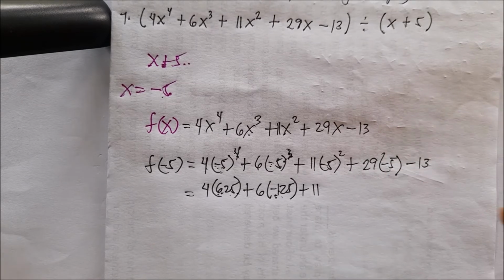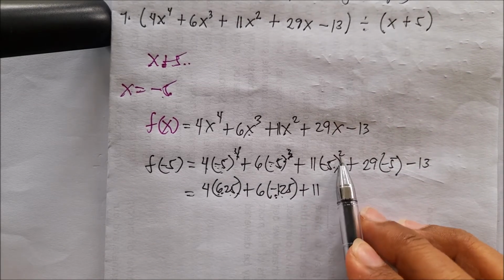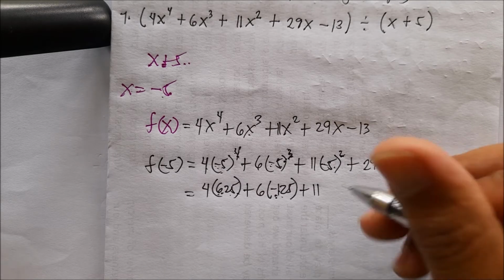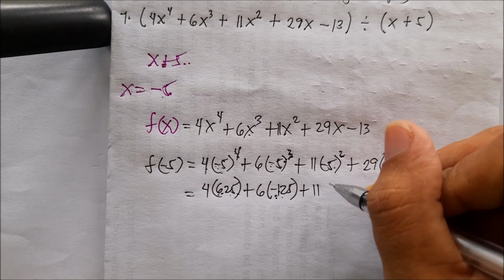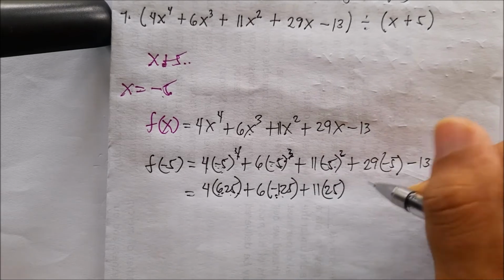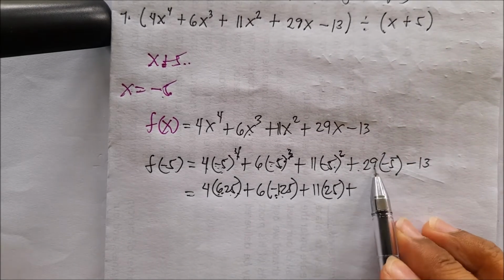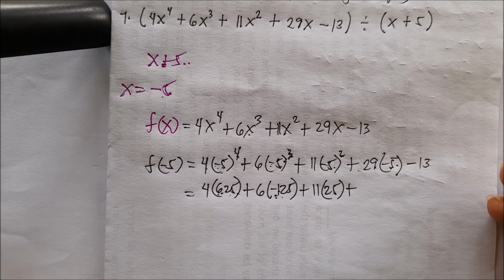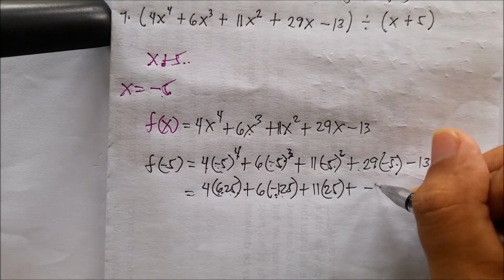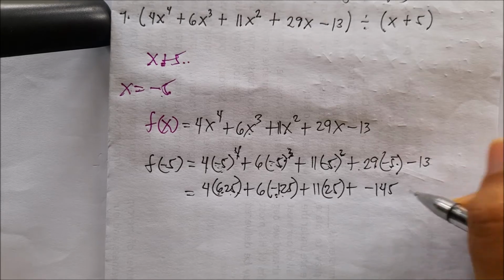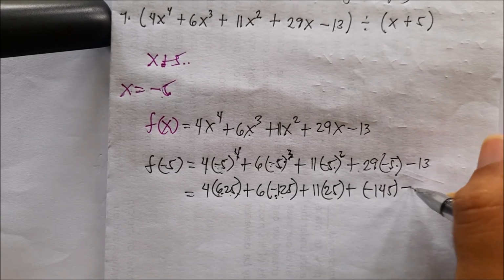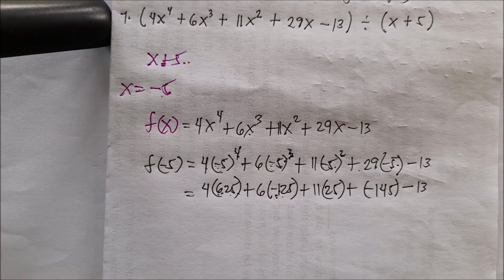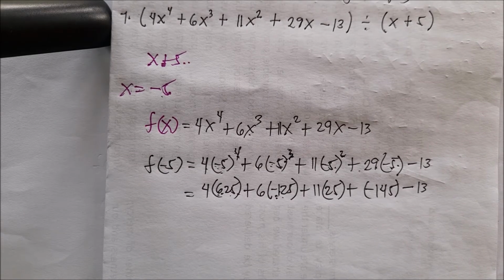Plus 11 times negative 5 raised to 2. 2 is even, so the result is positive 25. Plus 29 times negative 5 equals negative 145. Minus 13. After you solve the exponents, then multiply.